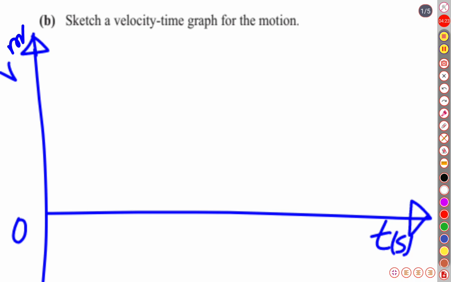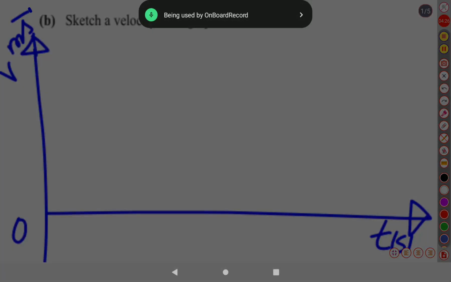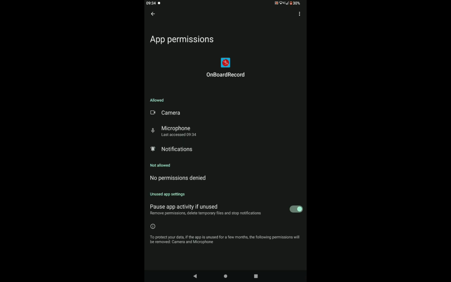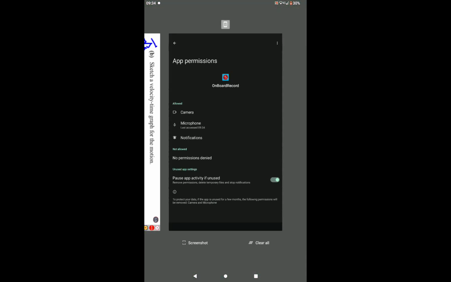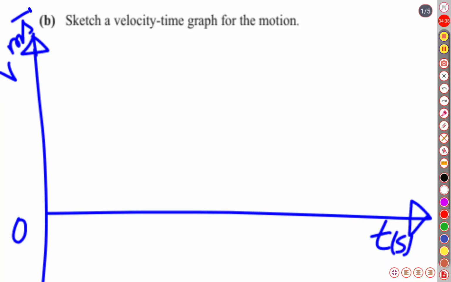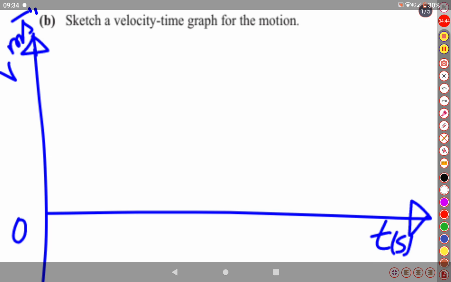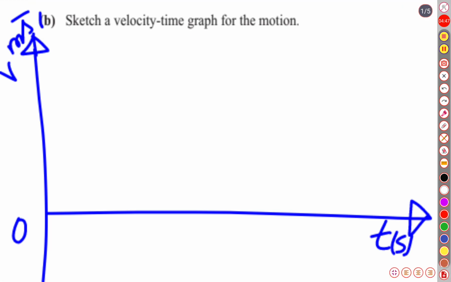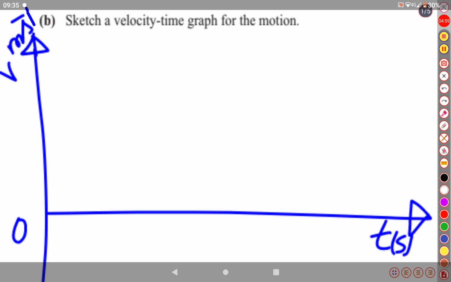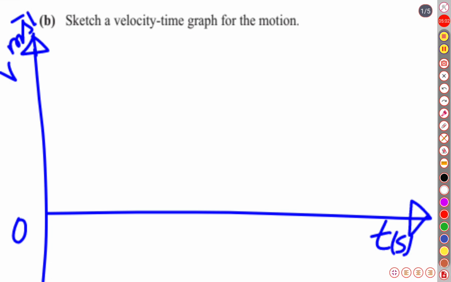For the first case it was for 4 seconds, so let us write 4.